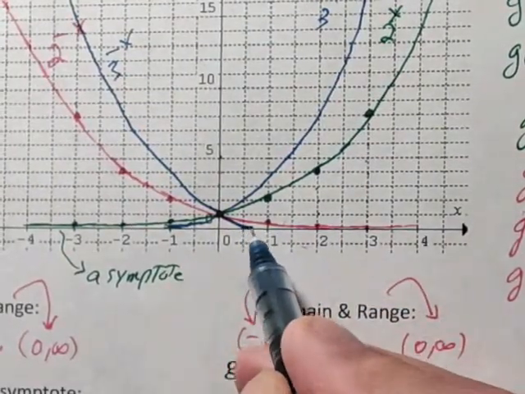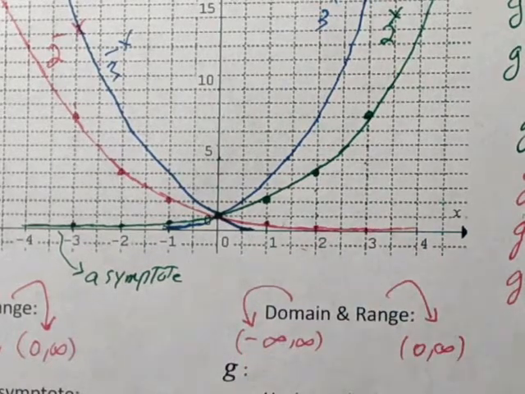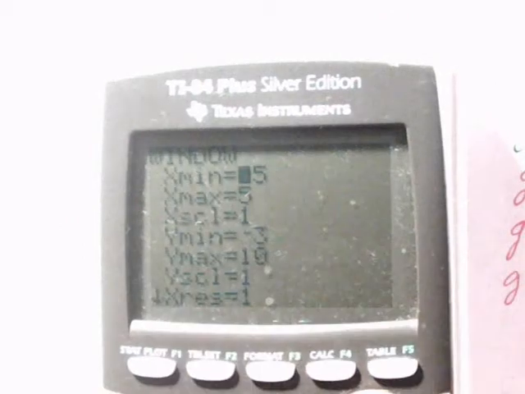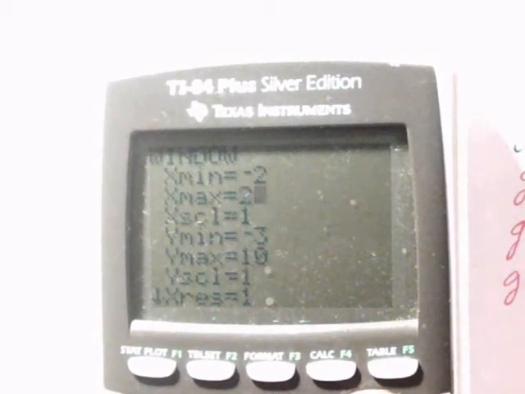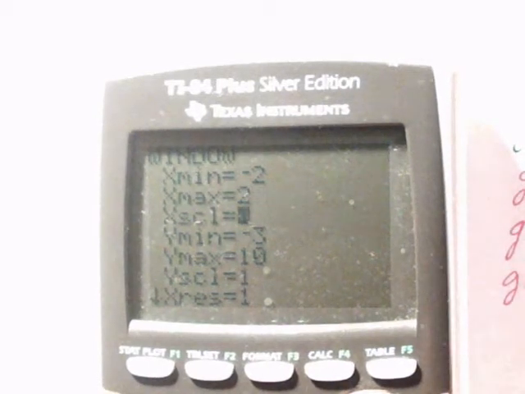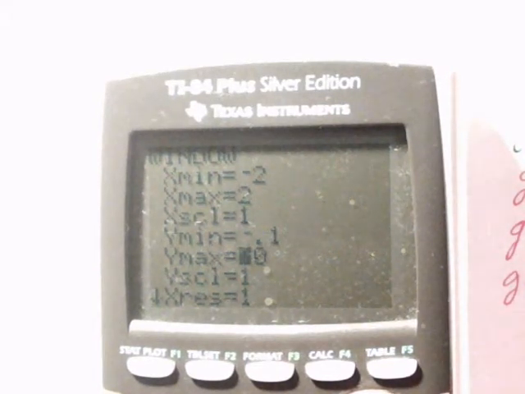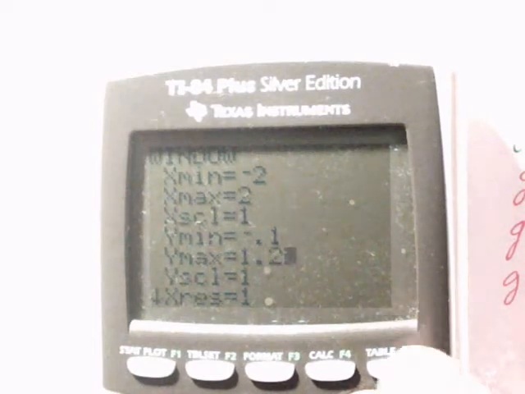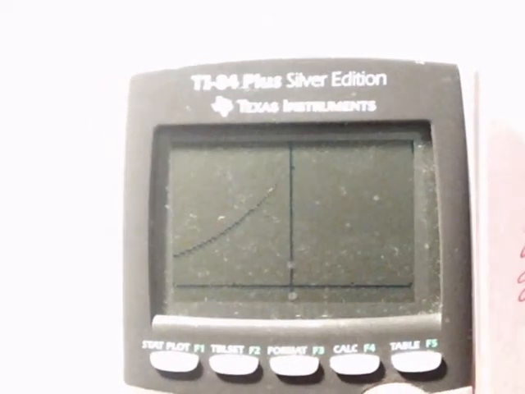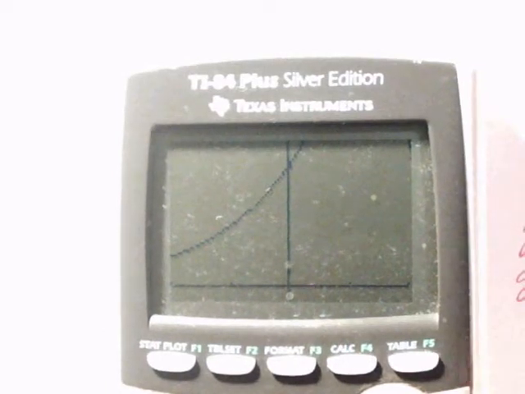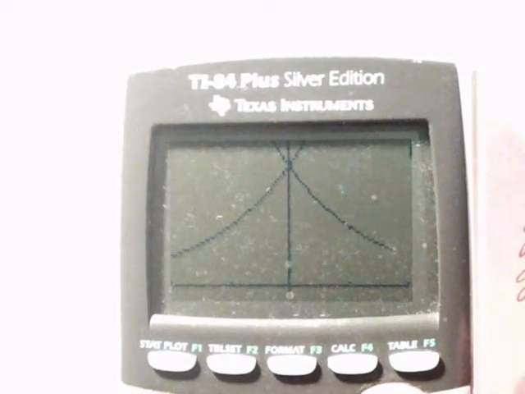Really, it's too close. So if we want to actually see this phenomenon, maybe I should change my window. So I go from minus 2 to 2, and then here I go from maybe minus 0.1 to 1.2. This is 2 to the power x, this is 2 to the power negative x.